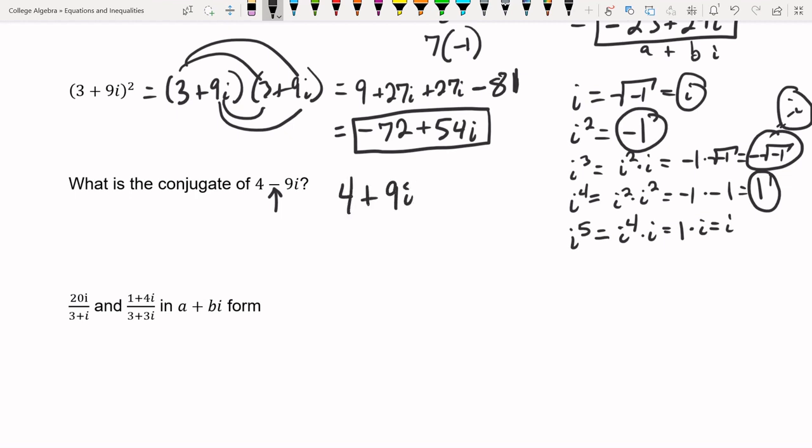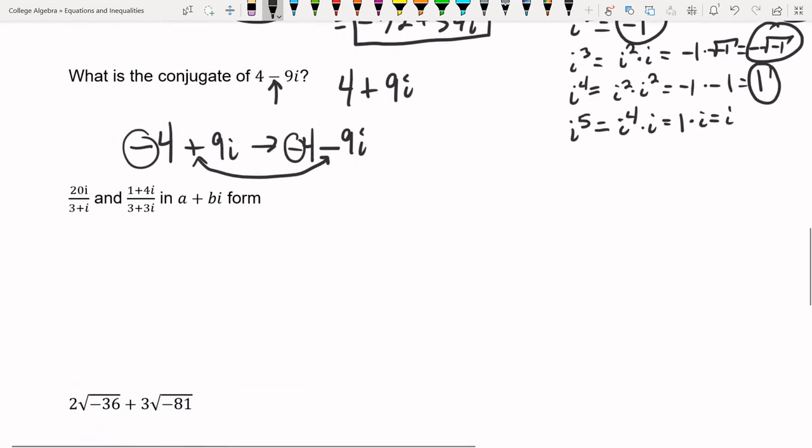What's the conjugate of negative 4 plus 9i? The conjugate would be negative 4 minus 9i. We don't worry about the sign in front. We only care about the middle sign here. There are a lot of great geometric ideas with the conjugate and a lot of important properties of it. But for our purposes, we're going to use it for the next problem, which is division of complex numbers.